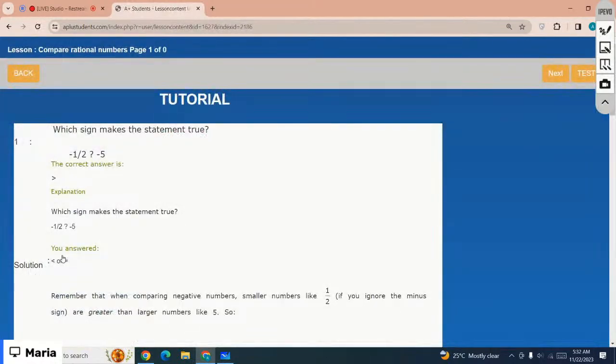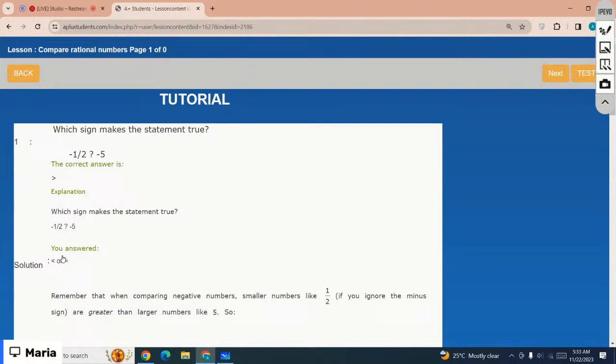So basically, you have to compare the negative. Comparing rational numbers also involves negative numbers, right? So comparing two rational numbers, we know how to compare two negative numbers, right? You have to compare negative 1 over 2 to negative 5, right?